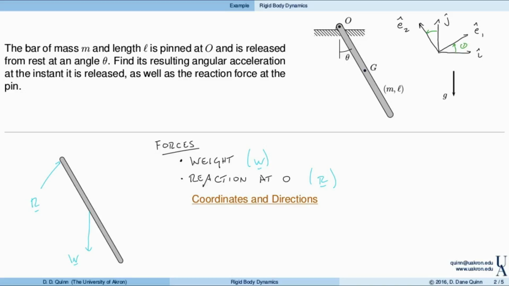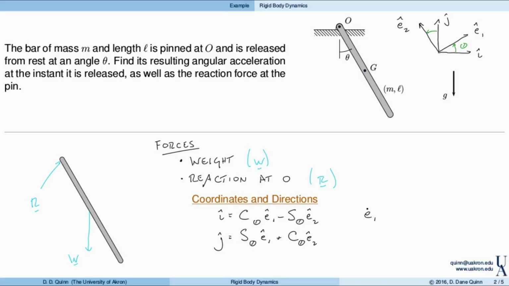So with the coordinate theta in the directions I and J and E1 and E2 defined like so, I can relate these two frames of reference. And so in particular, I can be written as cosine of theta in the E1 direction minus sine theta in the E2 direction, while J can be written as sine of theta in the E1 direction and cosine of theta in the E2 direction.